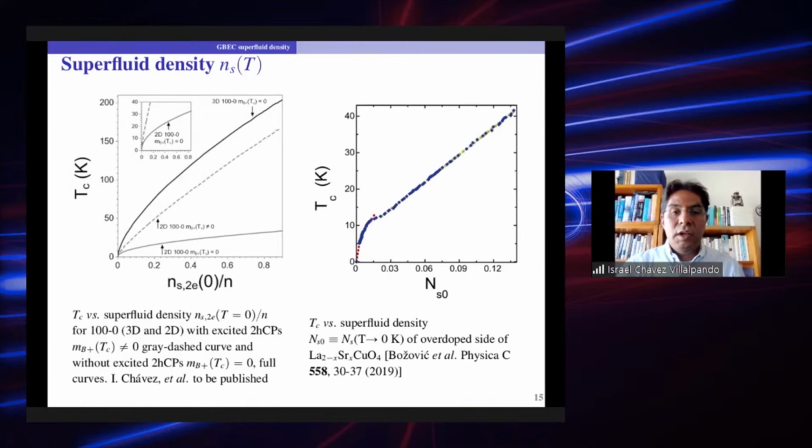But this is a very interesting result because some time ago I met with Professor Ivan Bozovic and showed him this result, and let me compare with one picture published by him and his group.